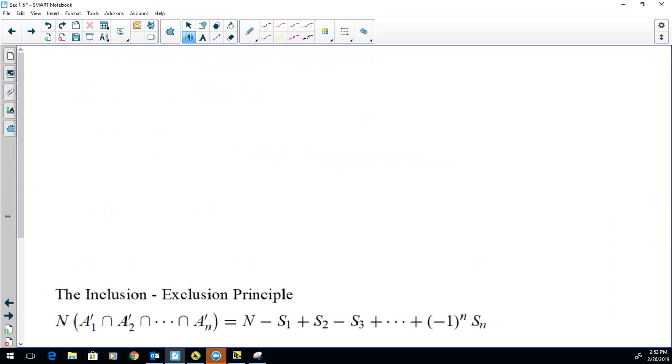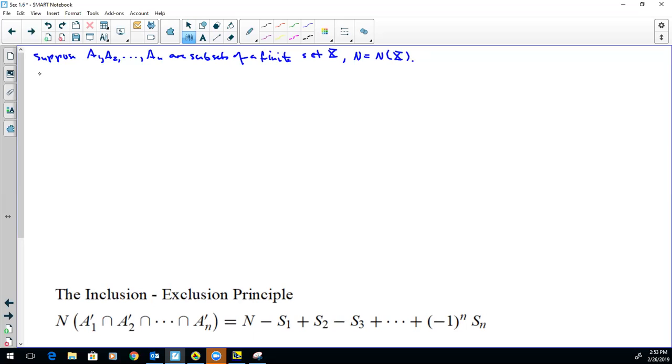Let's suppose A1, A2, up to A sub n are subsets of a finite set X, where capital N is the number of elements of X.